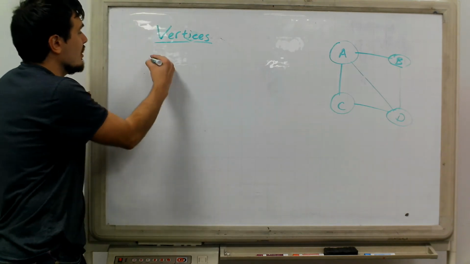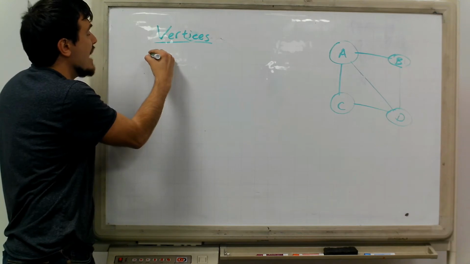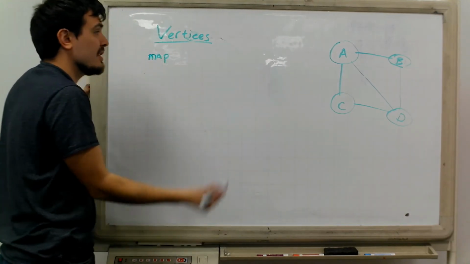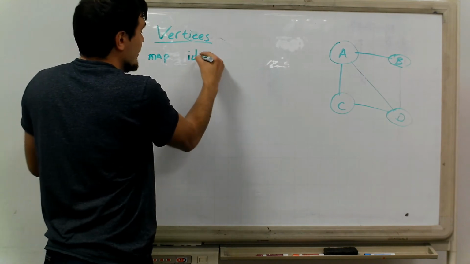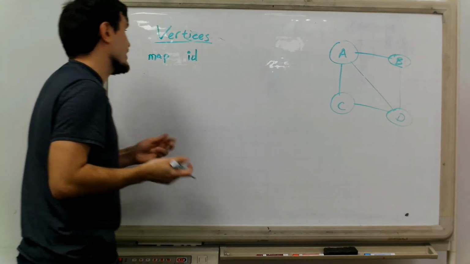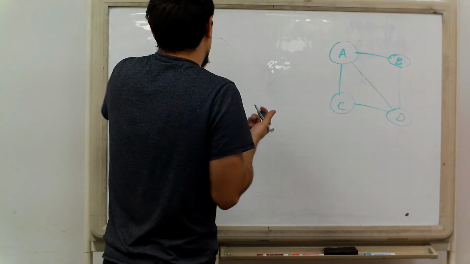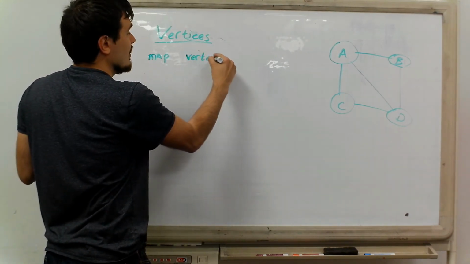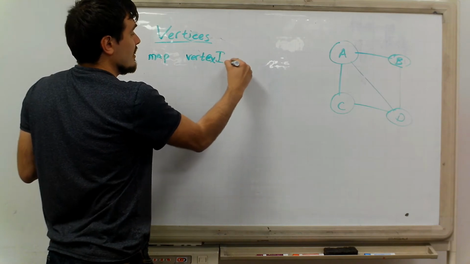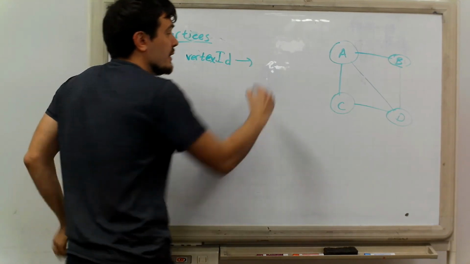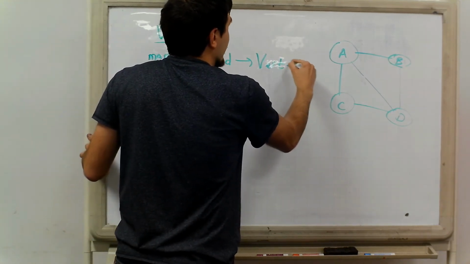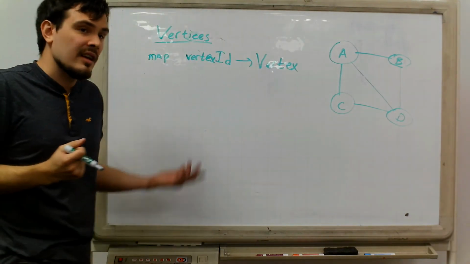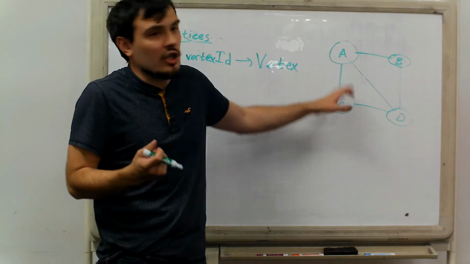So basically vertices are a map of some identifier, let's call it a vertex ID, to a vertex object. And a vertex object is just an object that at a minimum has the ID in it, and probably has any additional metadata.